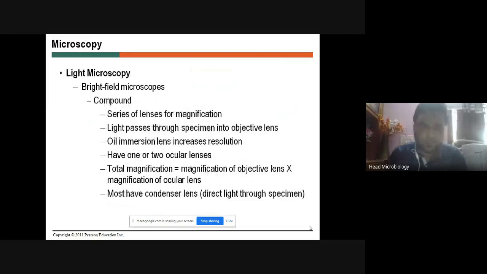What do you mean by compound microscope? Compound means multiple. If you are using multiple lenses for the magnification purpose, it is called a compound microscope. As I told you, we use objective lenses and eyepiece or ocular lenses, and these two are arranged in series.